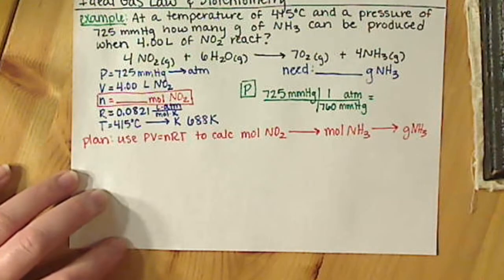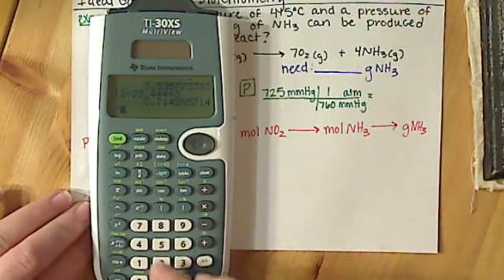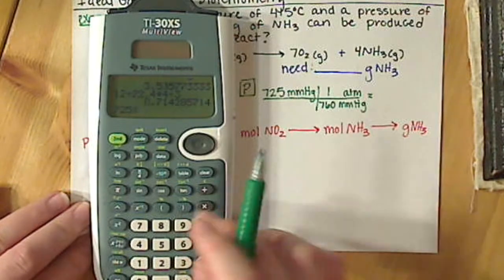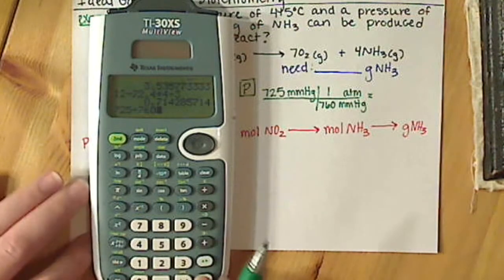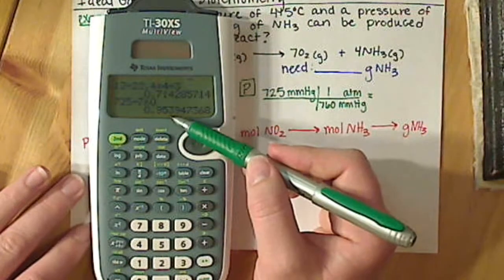So I'll grab my calculator here. We want 725 millimeters of mercury times 1 divided by 760. 3 sig figs there, so 3 sig figs here.